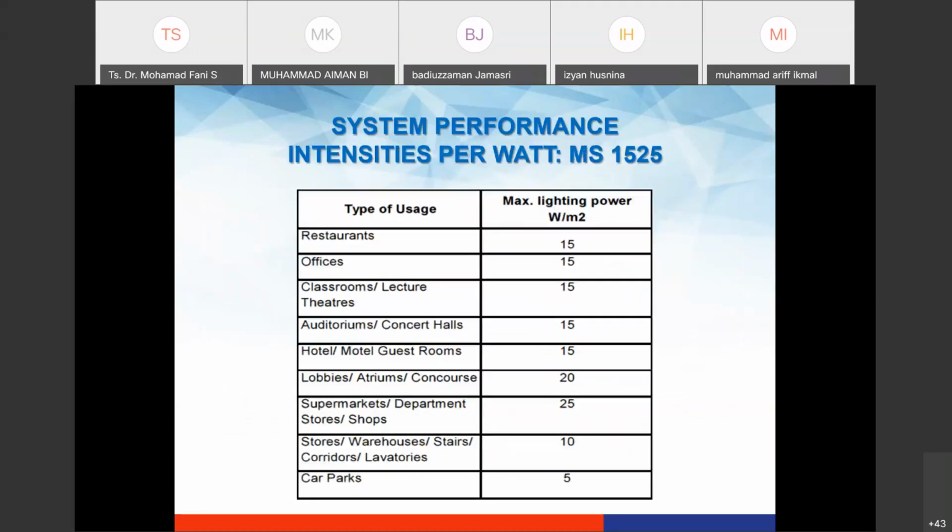System performance when compared to MS1525, for example a restaurant. Make sure when you visit the shop lot for your assignment later on, you measure the lux level. You can get the reading of the lux level from your phone by using a lux level app.